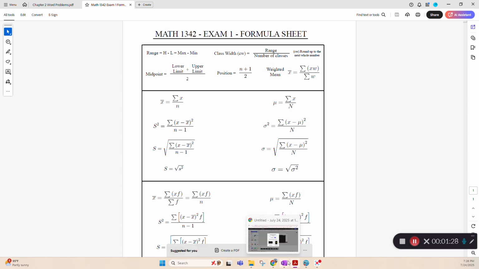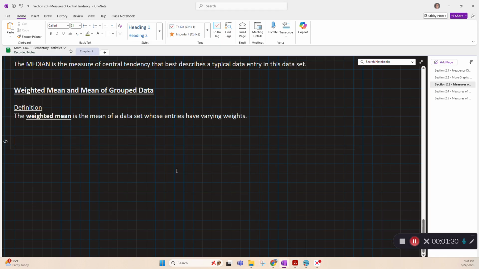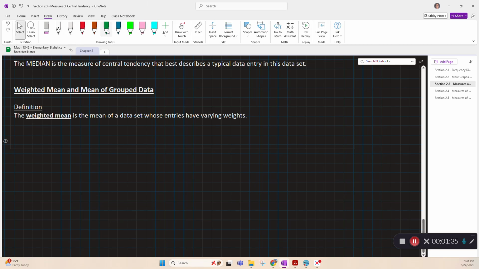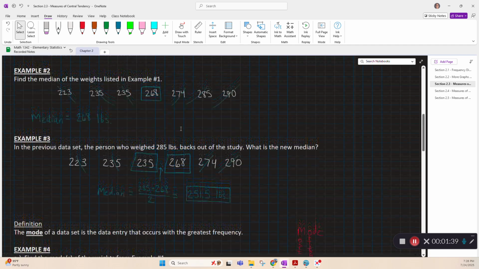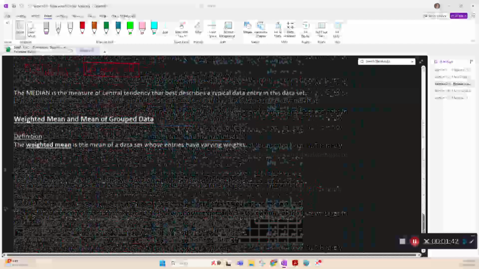So you don't have to memorize it. Yay! I am getting ahead of myself. We'll get to those other two in a second. For this one, I'll do it in green.